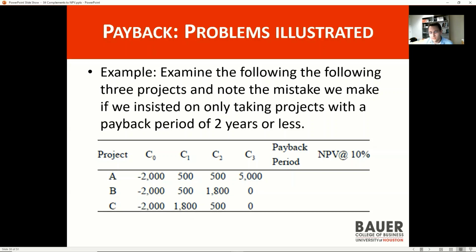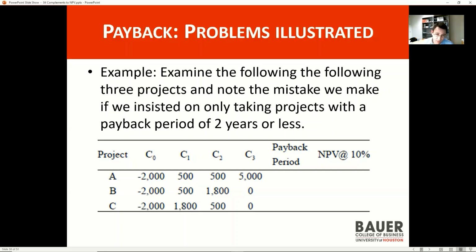Why would a sophisticated, MBA CEO use the payback period? If we go back to all of the problems with NPV, all the assumptions that you're making, NPV works well if you can raise money for good projects. And we saw there's a bunch of reasons why it may be hard to raise money.